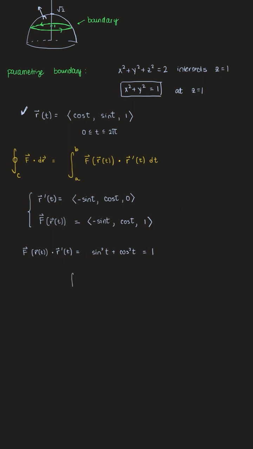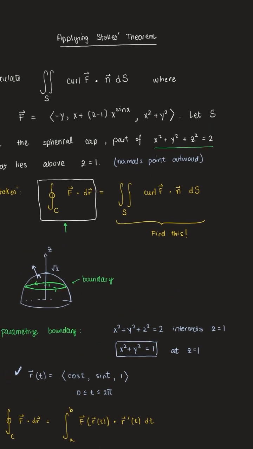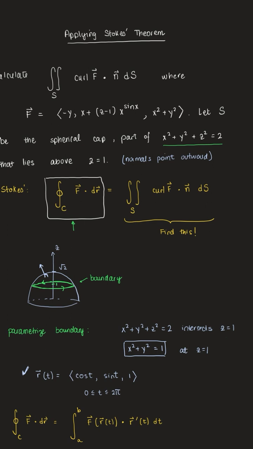Our line integral then will be the integral from 0 to 2 pi of 1 dt, which gives us just 2 pi. So in this example, we used Stokes' theorem to evaluate the surface integral of the curl dotted with our normal vector, or we can also call this the flux of the curl.